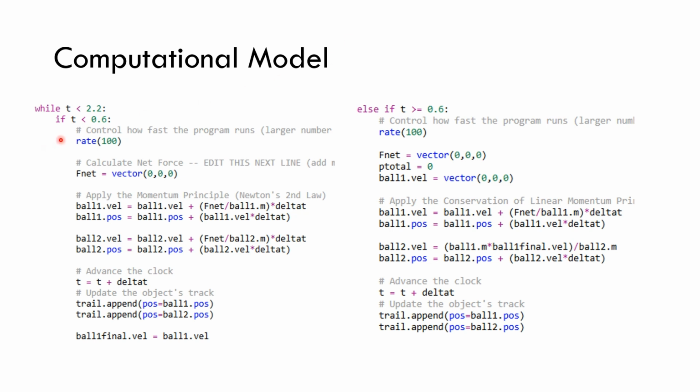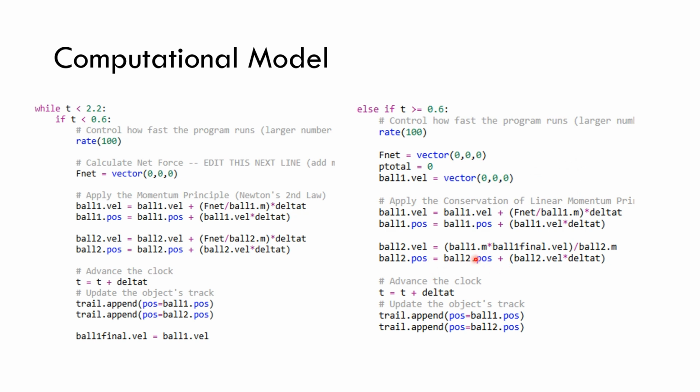So you can see when t is less than 0.691, or before the collision, ball 1 is moving at a velocity according to the velocity update formula, and then has a position according to the position update formula. After the collision, we see that ball 1's velocity is now going to be 0, as we assume it's an elastic collision, and ball 2's velocity is according to the momentum principle.